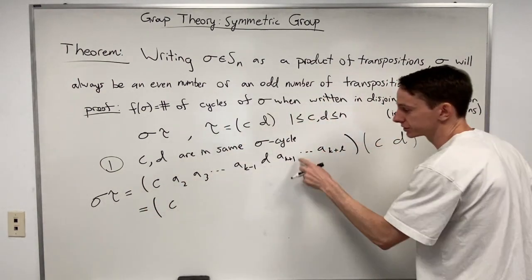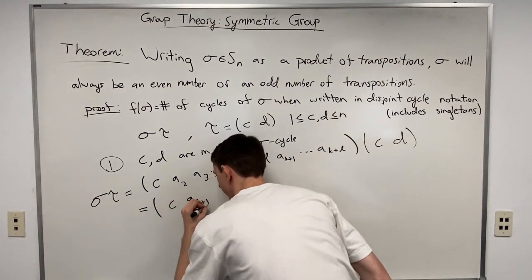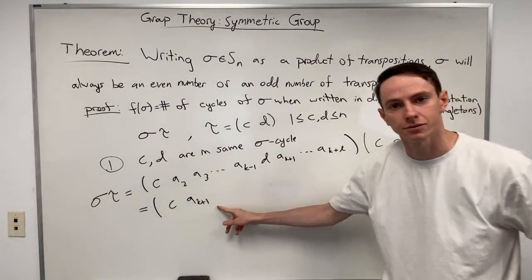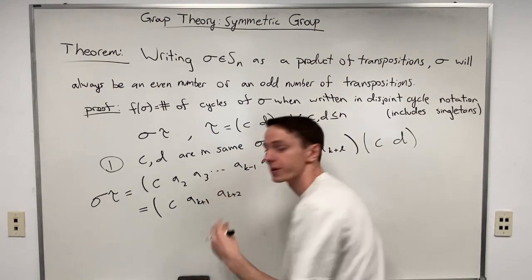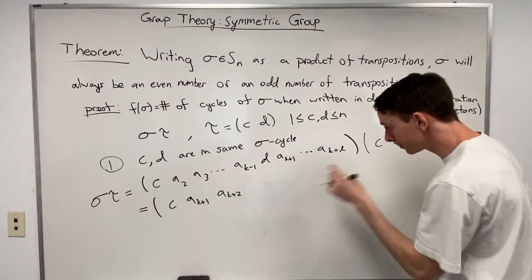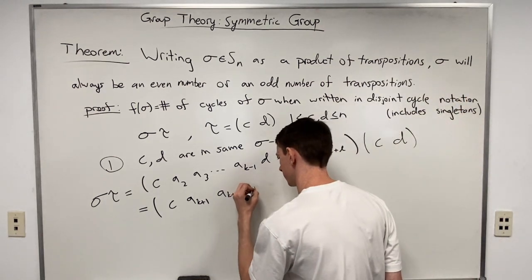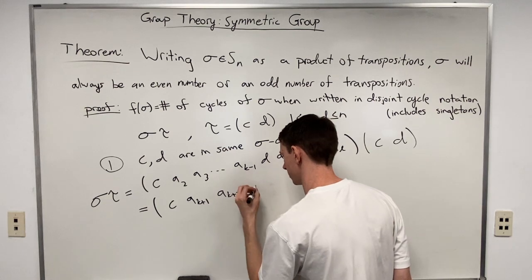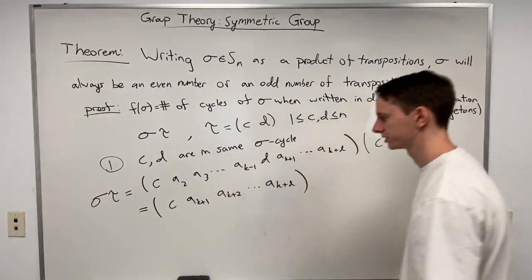C goes to D, D goes to A_{k+1}. And then where does A_{k+1} go to? Well, just the next one, A_{k+2}. And this pattern is going to keep on continuing, all the way up through A sub k+l.